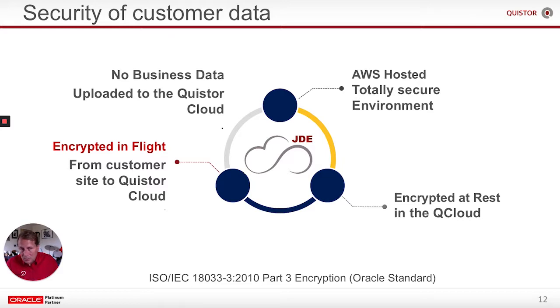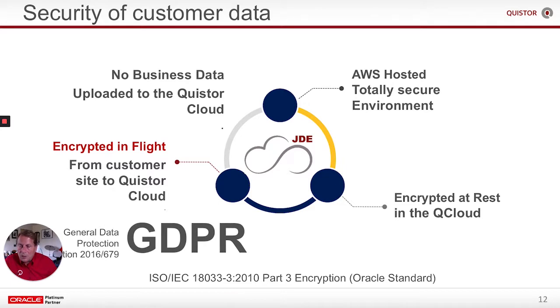It's all hosted in a totally secure environment. It's Crystal controlled. And as I said, no business data or personal data is actually uploaded to the cloud. And so therefore, because there's no personal data being transmitted, it is also agreed that this process is GDPR compliant.